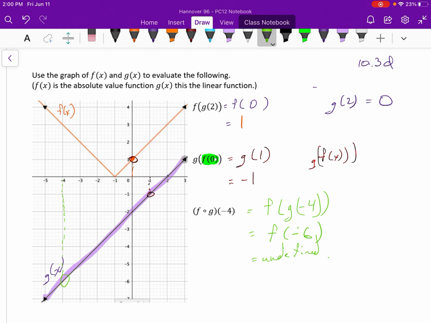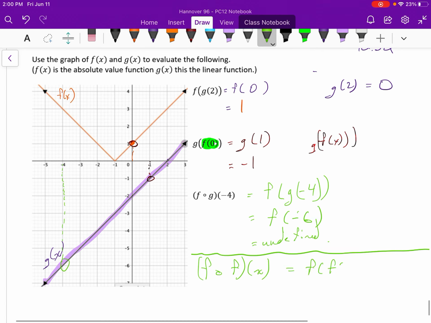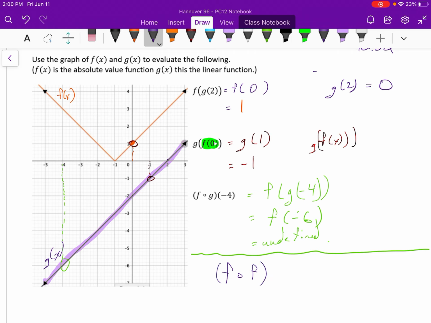Now, what's really quite interesting, I think anyways, is that we don't have to be hampered by doing f composed of g. We could actually do f of f of x. So maybe I'm going to erase that and do f composed of f of 2. Well, f composed of f of 2 is equal to f of f of 2.